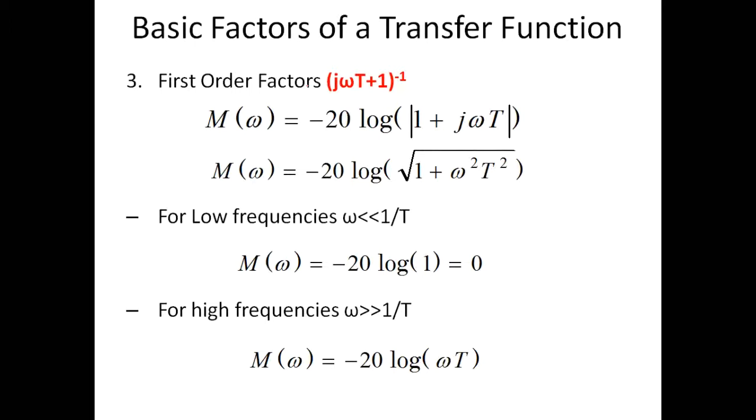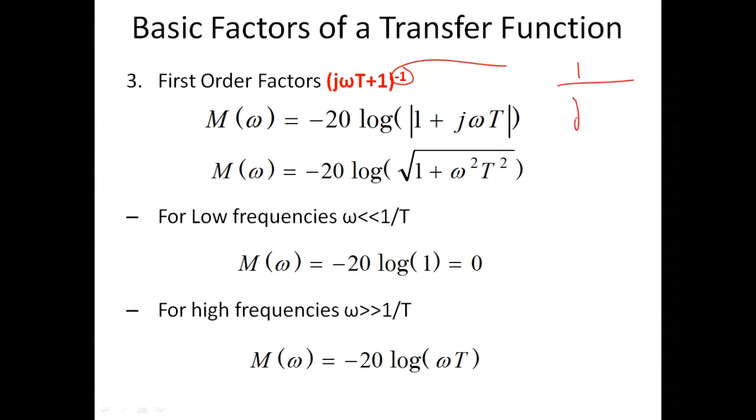Now, if we have a first order factor with the power -1, that means you have 1 over jwT plus 1. So the magnitude will be negative.